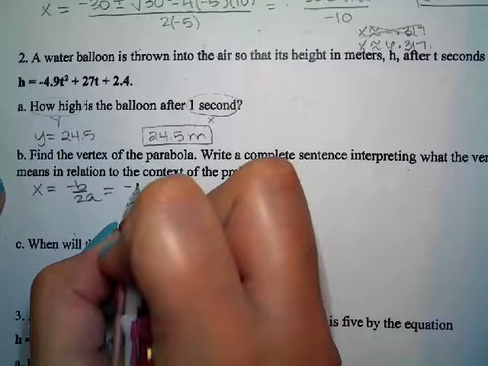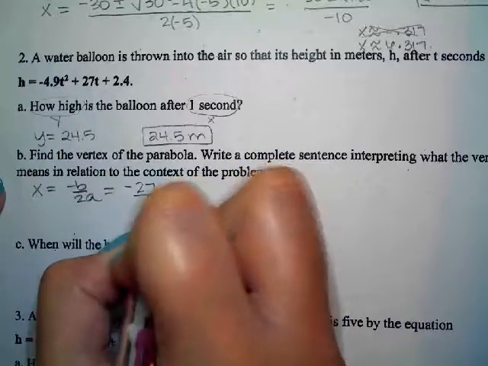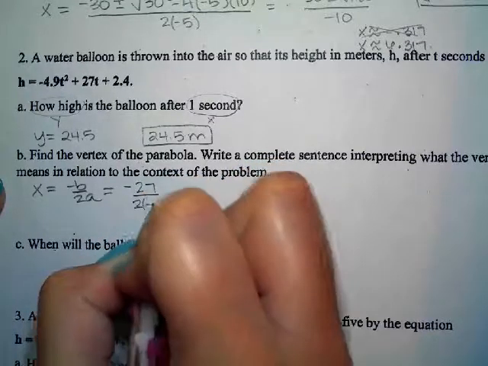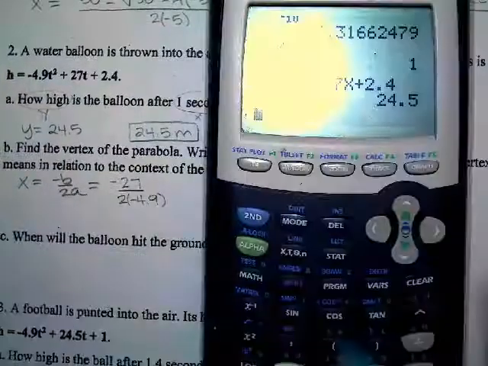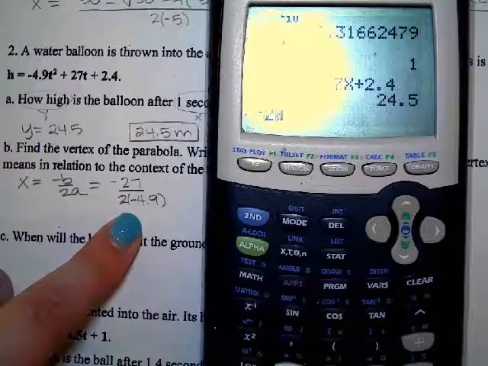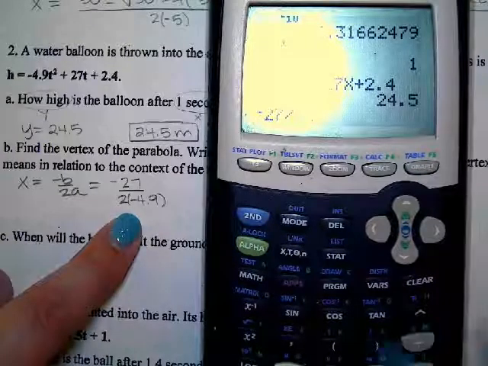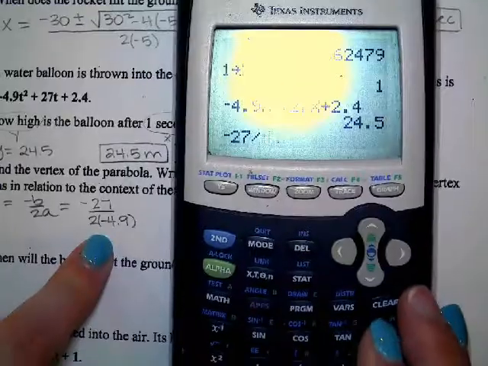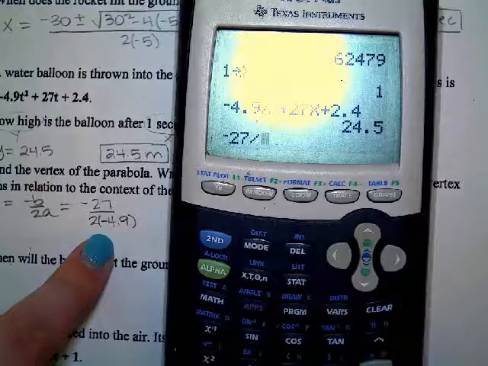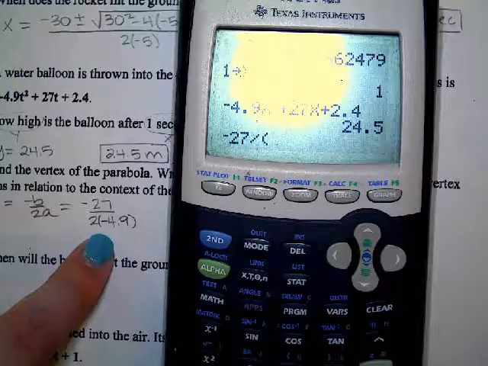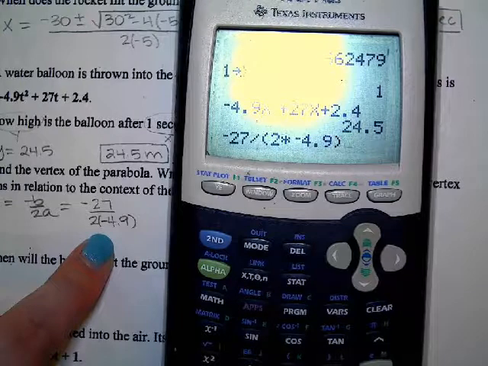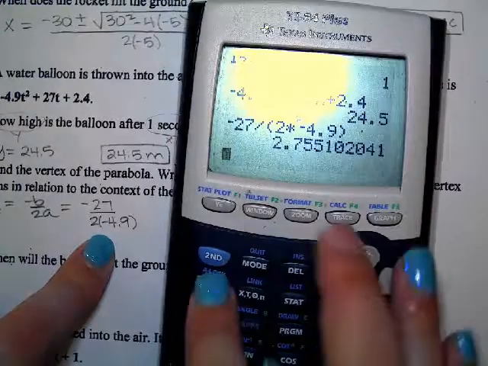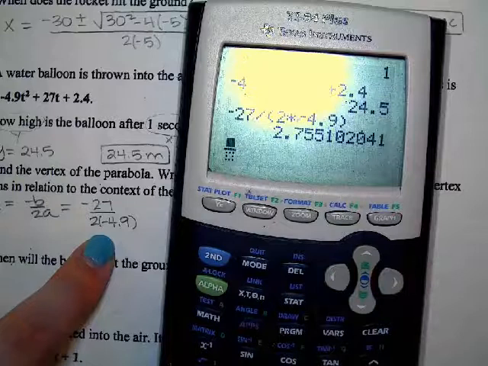Negative 27 divided by, now when you type this, if you have an older calculator, you're going to have to put this bottom part in parentheses, 2 times negative 4.9. If you have the newer calculators, you're going to do alpha y equals, and you're going to type this in like a fraction. Negative 27 divided by 2 times negative 4.9. See how you guys have that long decimal? This is what we're going to store as x.